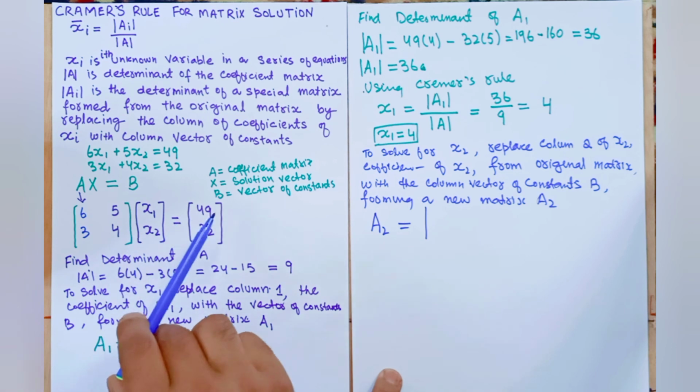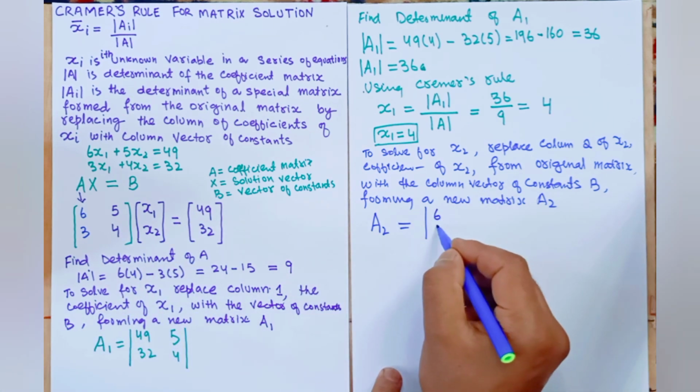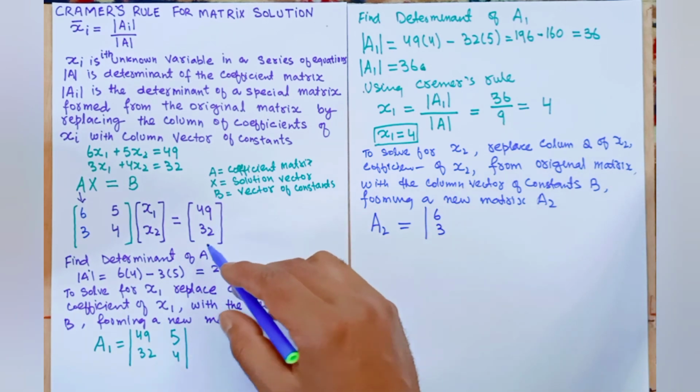So in place of 5 and 4 we have 49 and 32. So our new matrix will be 6, 3 and 49, 32.